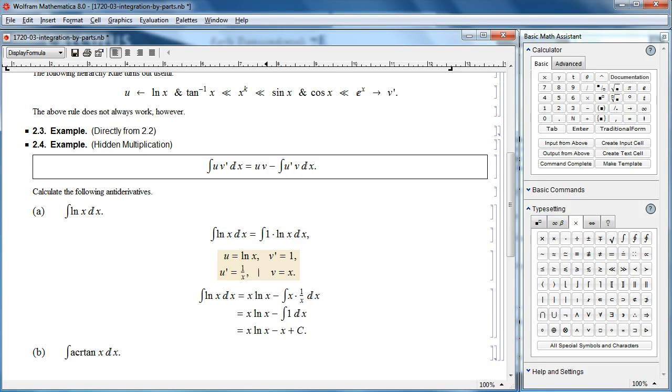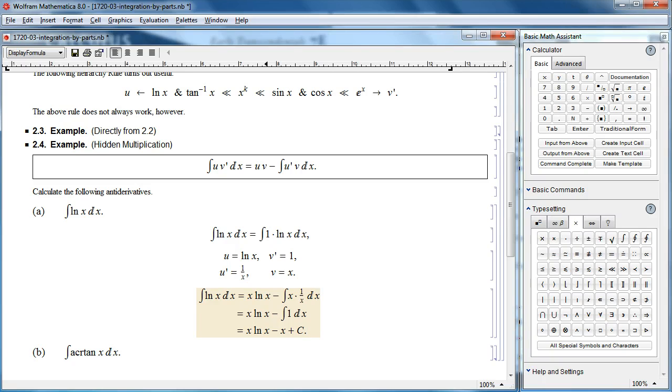Putting everything into the integration by parts formula, what do you get? uv minus integral of u prime v. After simplification, this integral became that integral, and we have the final answer.